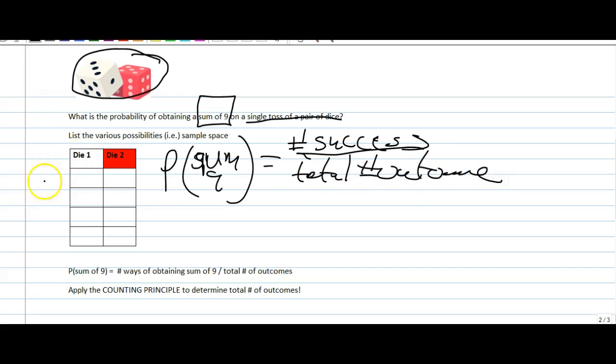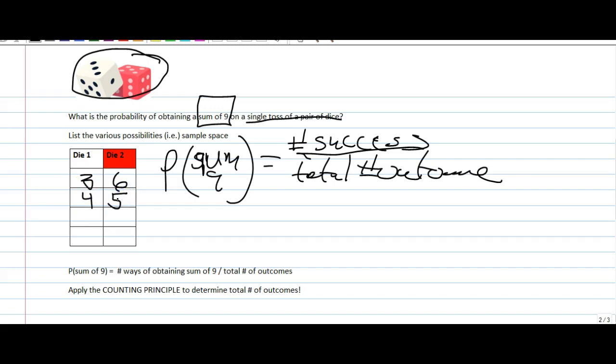So the best way to do this is to look at this systematically and list your sample space. So how can I get a sum of 9 on a single toss of a pair of dice? So I could get 3 on the first die and 6 on the second die, 4 on the first die and 5 on the second.